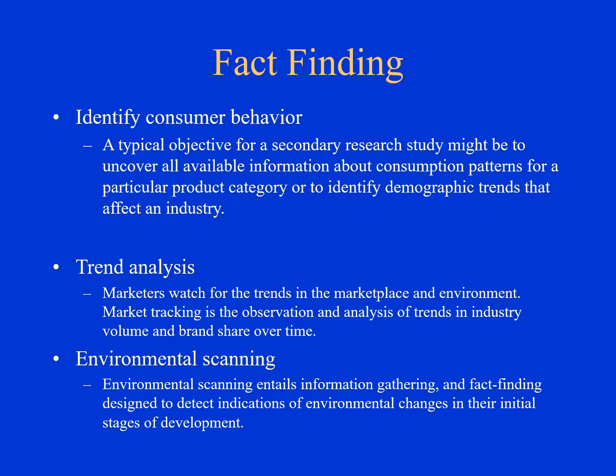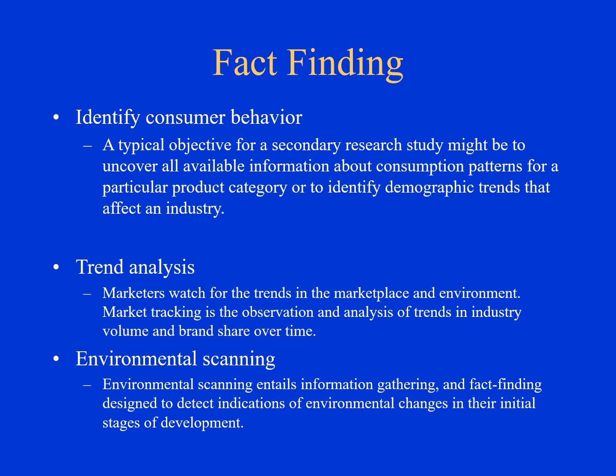The first one is identifying consumer behavior. A typical objective for a secondary data research study might be to uncover all available information about consumption patterns for a particular product category or to identify demographic trends that affect an industry. Trend analysis means marketers watch for the trends in the marketplace and environment.